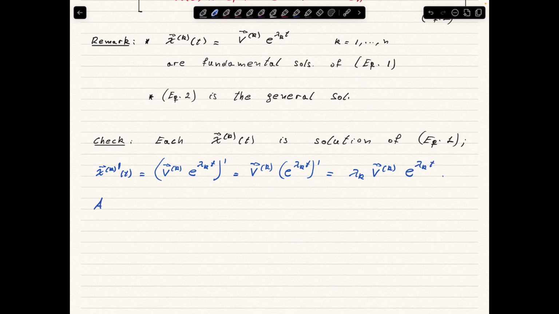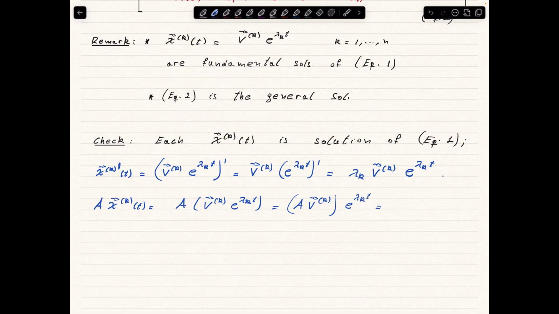Okay, what is the other term? The other side of the equation is A acting on the solution xk, function of t. The solution is a constant vector times a scalar function, exponential lambda k t. So since this is a scalar function, I can just compute A acting on the vector, and all that multiplied by the exponential lambda k t.